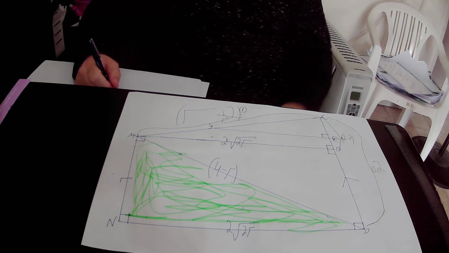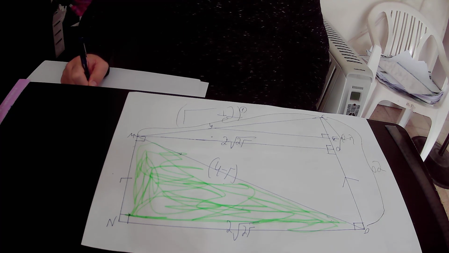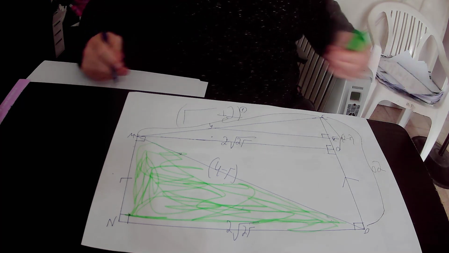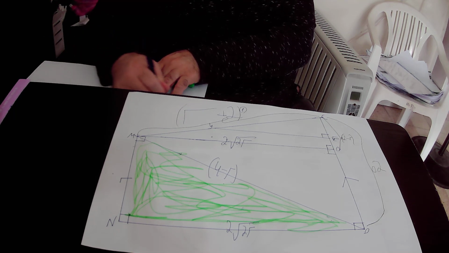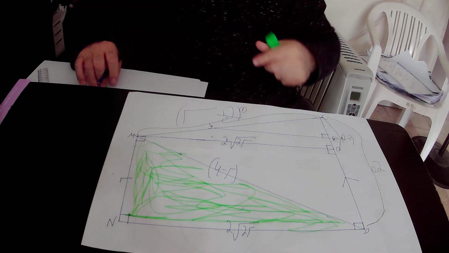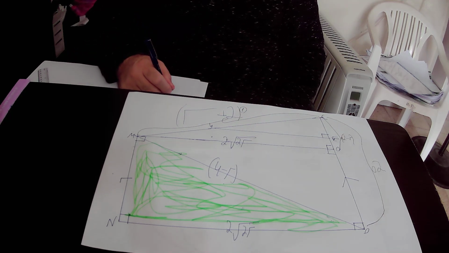According to the Pythagoras theorem, in the right triangle, triangle MNO, the square of the hypotenuse equals the sum of the squares of the perpendiculars.